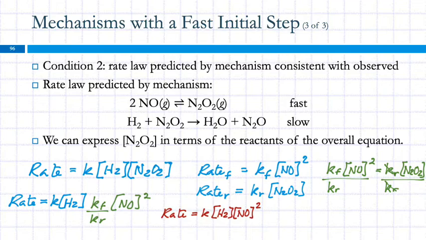I'm going to put a subscript on this other K. I'm going to call this K1, just so it doesn't look like it's trying to be the same thing as my ultimate K. I'm going to say that K is equal to K1 times K forward divided by K reverse.